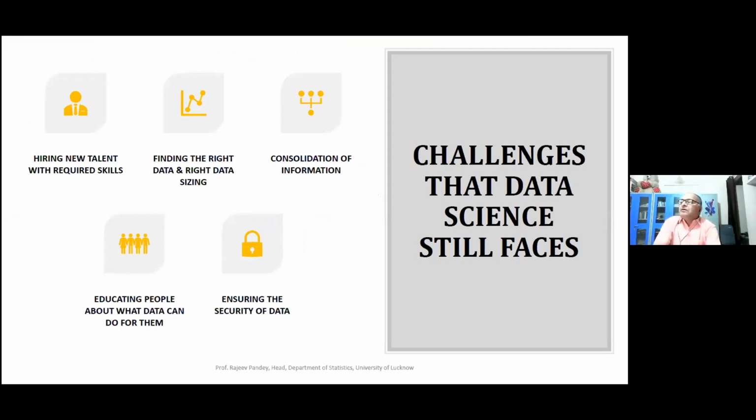This tops the list of challenges, as both sectors are grappling with an acute talent shortage. Many statisticians believe that the actual challenge that Indian analytics industries face is the dearth of skills within the workforce.